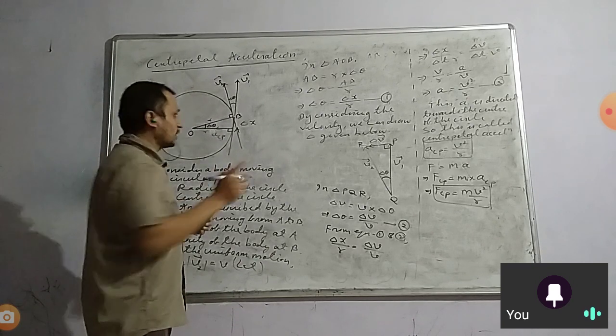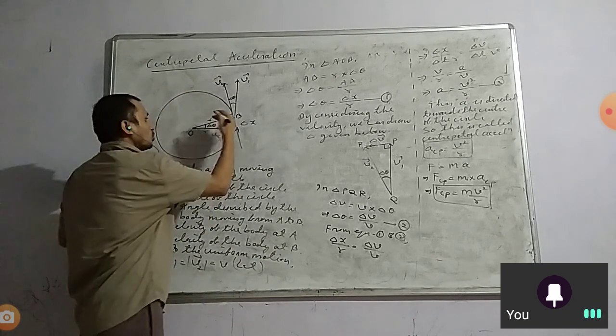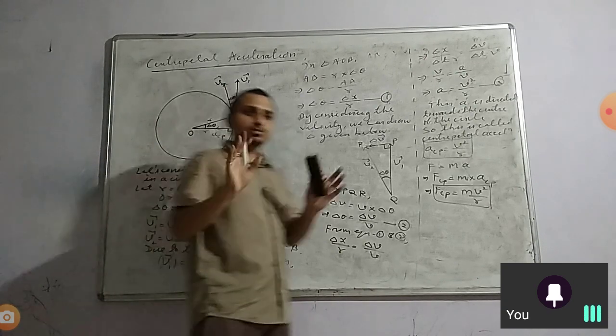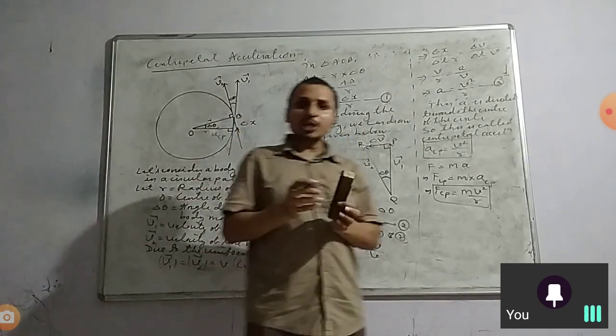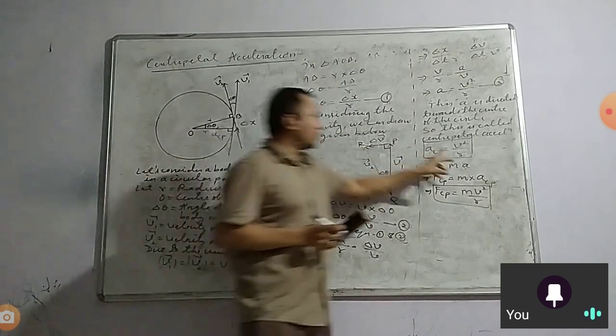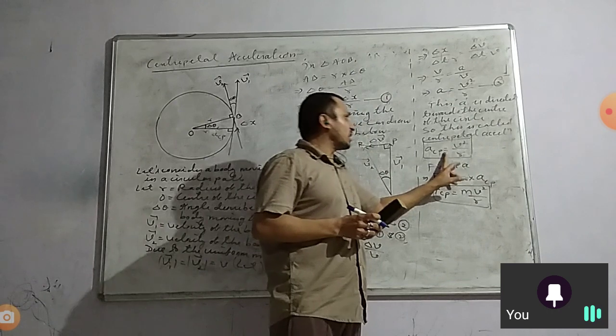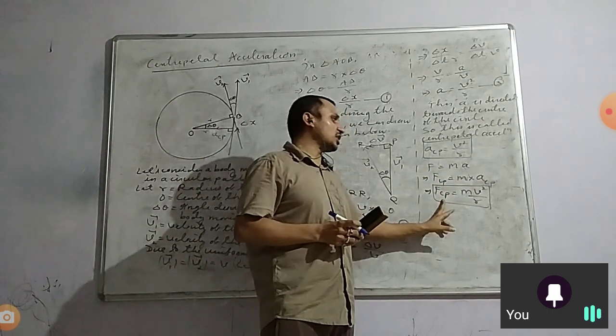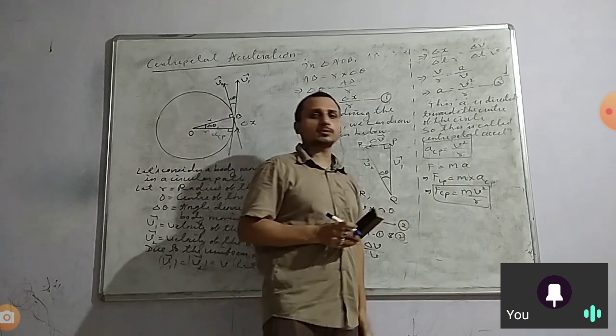And second, the centripetal force is always directed towards the center. In this way we can study centripetal acceleration, and by knowing it we can find the centripetal force, which is equal to mv square upon r.